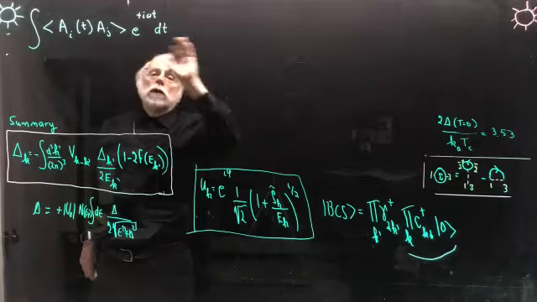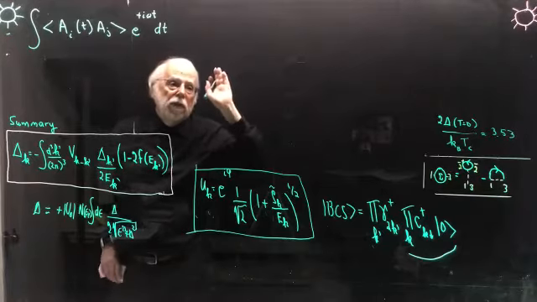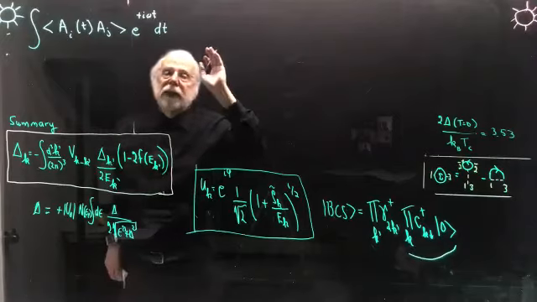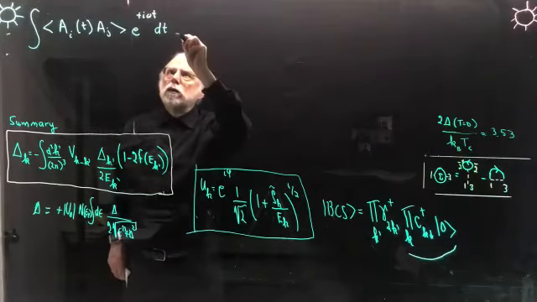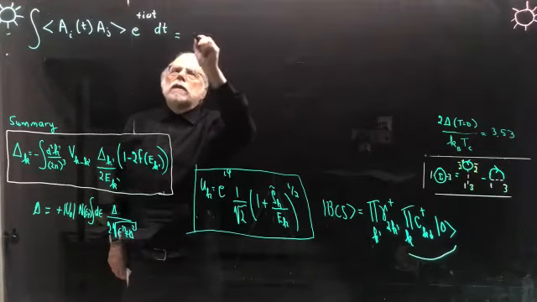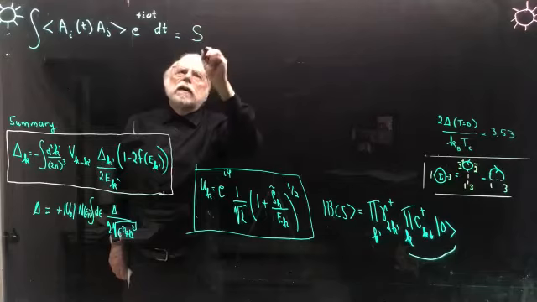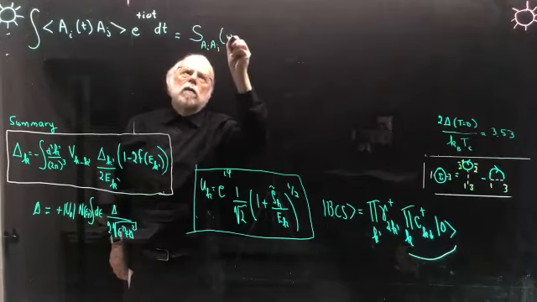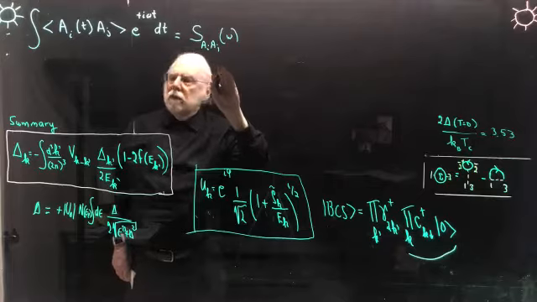And this I found just using the golden rule, and then the Heisenberg representation for time evolution. We could call this S_AiAj of omega in the scattering experiment.